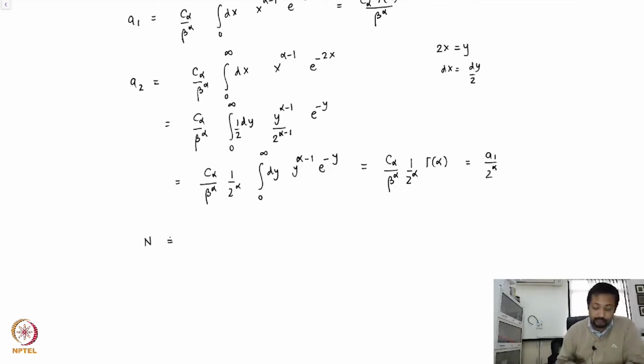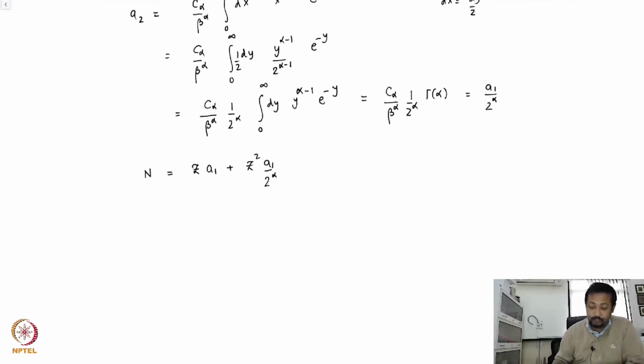So that n is going to be z times a1 plus z squared times a1 over 2 to the power alpha. And this implies I can write z times a1 is equal to n minus z squared times a1 divided by 2 to the power alpha, so that z is going to be n over a1 minus z squared over 2 to the power alpha.